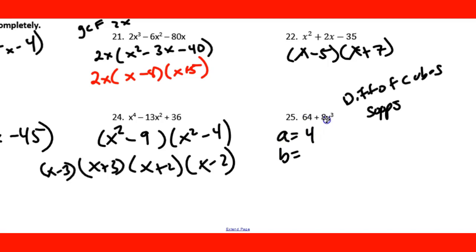And B, the cube root of 8y cubed, is 2y. So the formula is A cubed plus B cubed equals A plus B times A squared minus AB plus B squared.